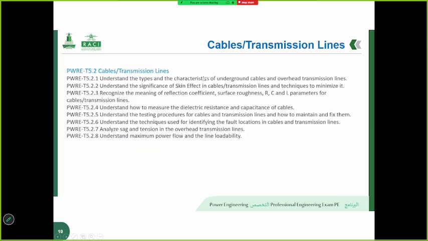Okay, based on this slide, we will now focus on the technical aspects of cables and transmission lines, covering the following learning objectives. Cable and line characteristics. We will start by understanding the different types and characteristics of both underground cables and overhead transmission lines.